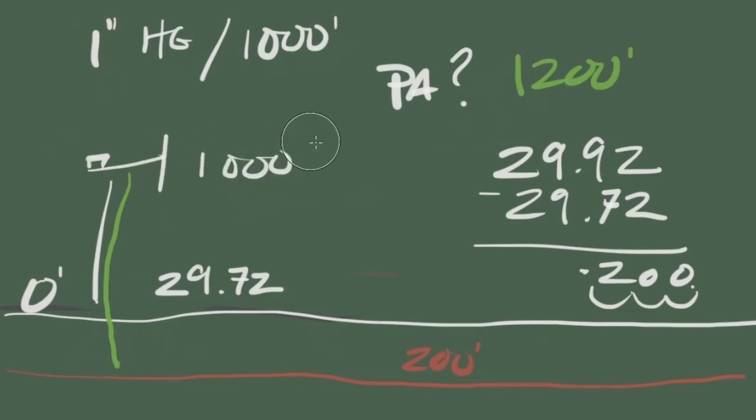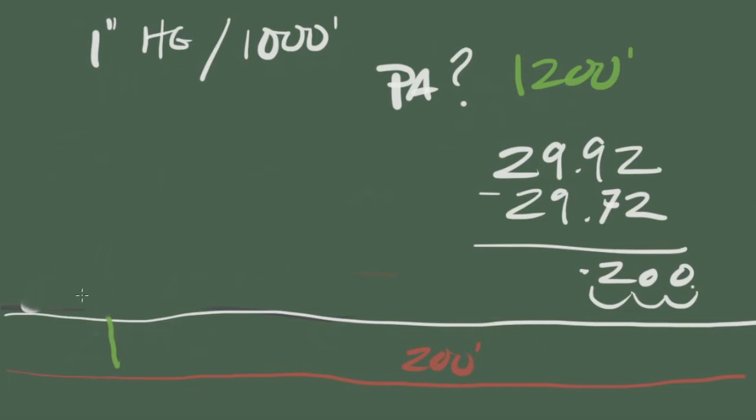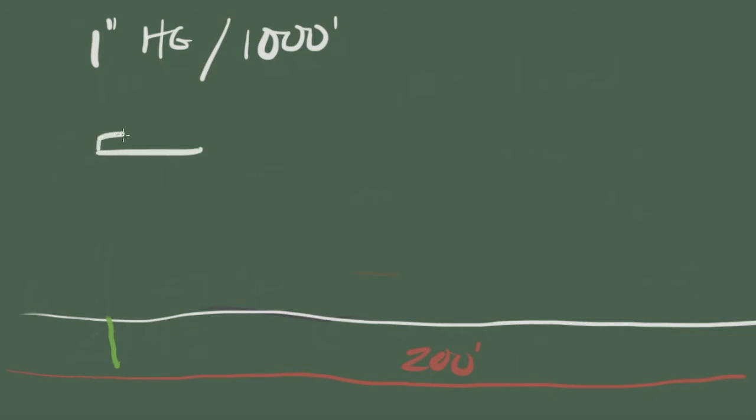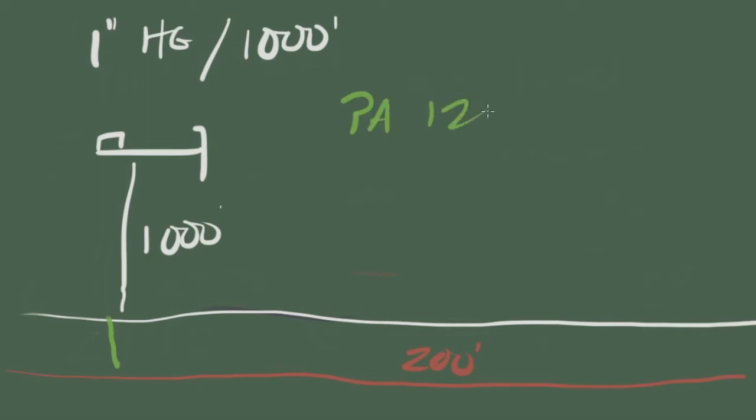A cool thing we can do, though, is set our altimeter for 2992, and the math of the standard lapse rate is already built into the altimeter. So I'll redraw us up here for a second. If we're flying along at 1,000 feet above the ground, our pressure altitude is 1,200 feet because we got this extra bit here.